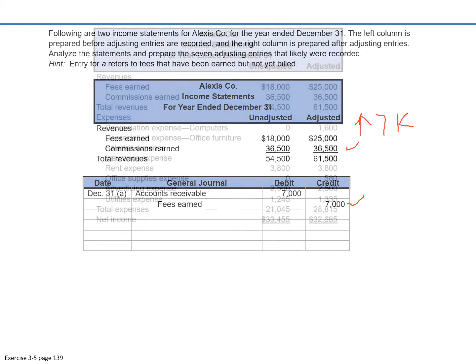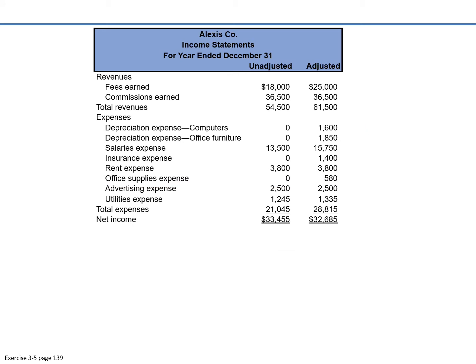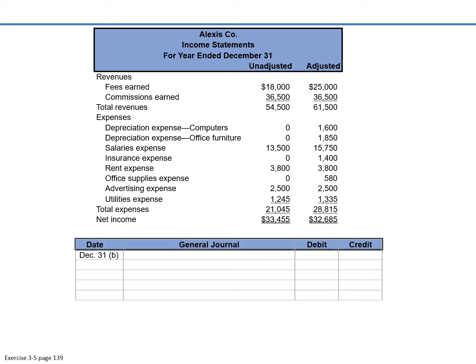Now let's look at the expense side and figure out what balances have changed and what entries look like they've been made. Depreciation expense for computers started at 0 and got to $1,600. And the office furniture depreciation started at 0 and got to $1,850. So we must have recorded depreciation expense as 2 of our entries.